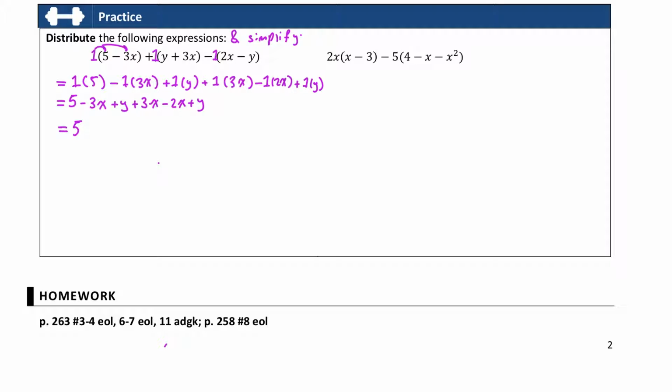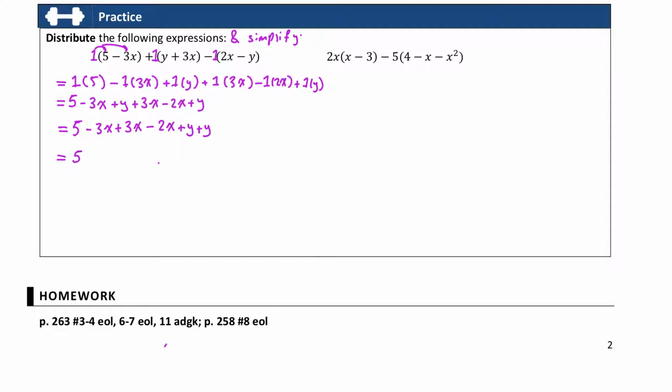So for this step, I will just write everything together. And in terms of the like terms involving y, I have 1y over here, 1 over here, making this plus y plus y.